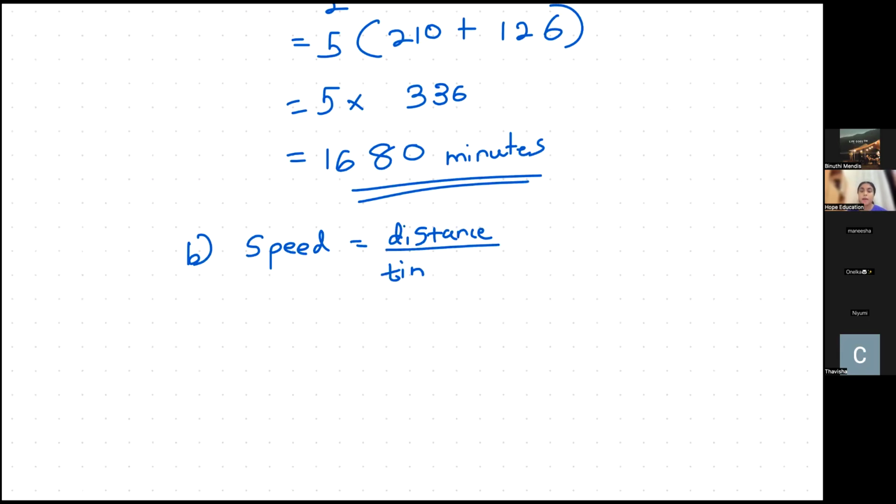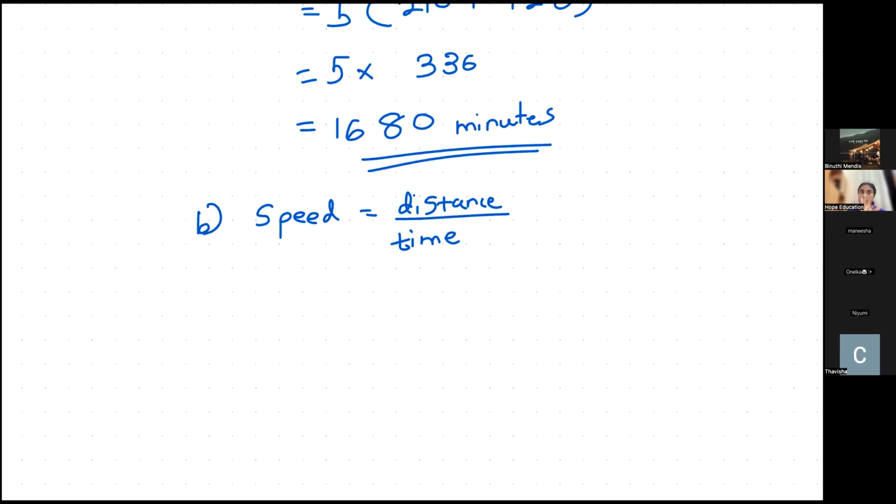If I make distance the subject, I bring time to the other side, then it becomes speed multiplied by time. So distance is speed multiplied by time.